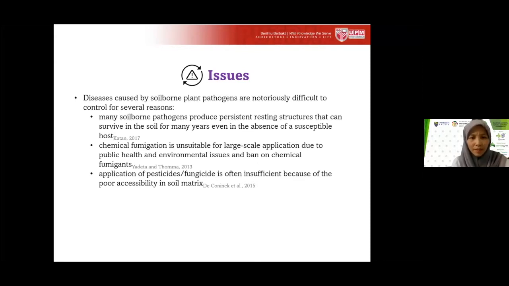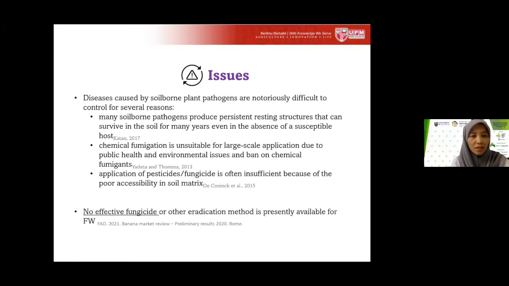Application of pesticides or fungicides is often insufficient because of the poor accessibility in soil matrix. To make the issue worse, there is no effective fungicide or other eradication method presently available for Fusarium wilt.